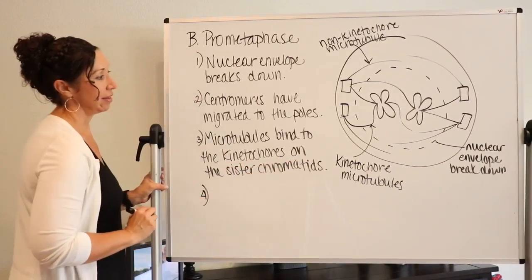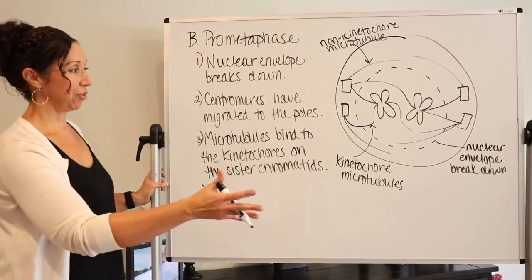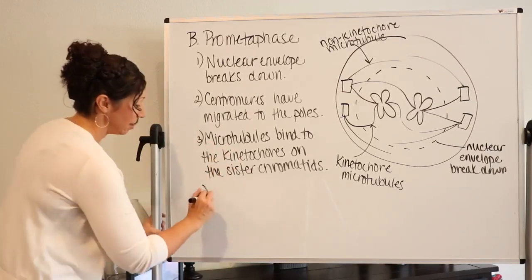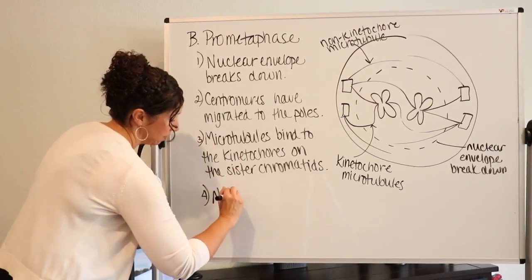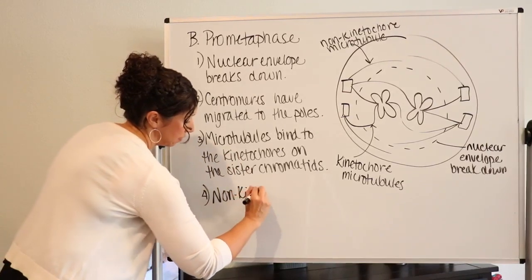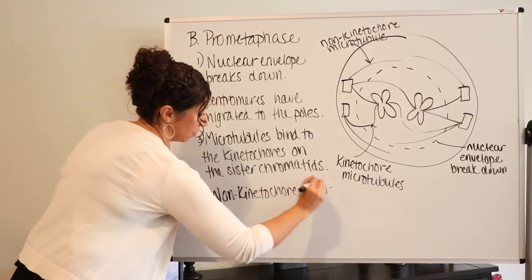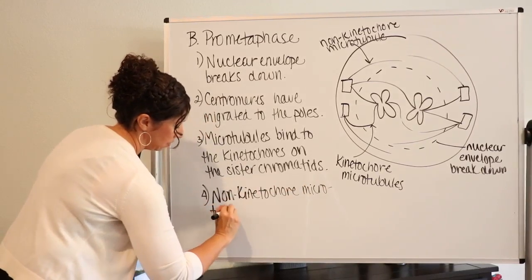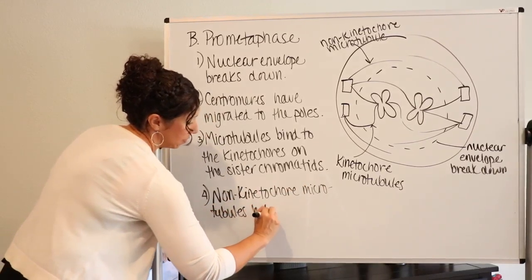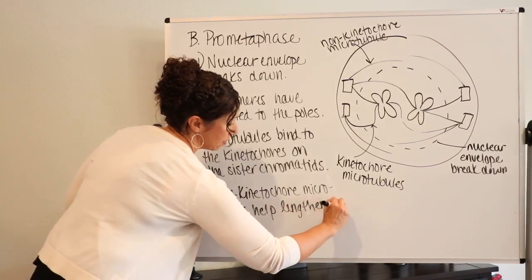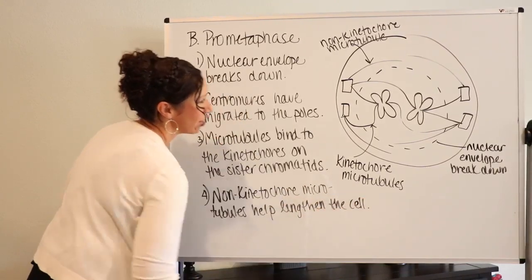And then lastly, the non-kinetochore microtubules are going to help lengthen the cell as well. So non-kinetochore microtubules help lengthen the cell. It's kind of stretching it out, if you will.